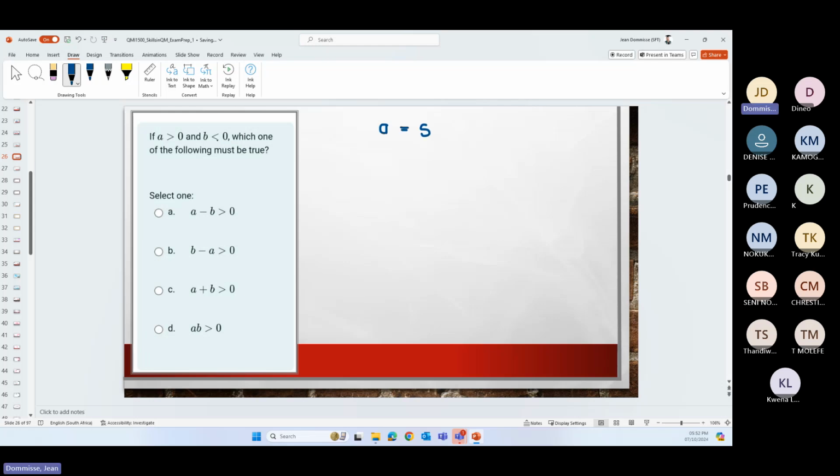B must be smaller than 0. So let's say B is equal to -3. Okay, so then let's check. 5A minus -3. So 5 minus -3 is equal to +8. 8 is bigger than 0. And so that we're happy with.